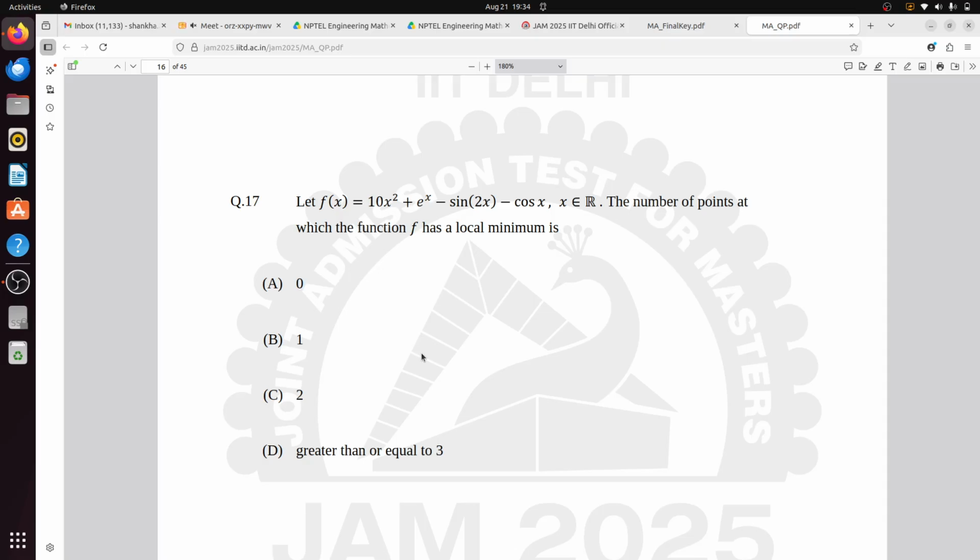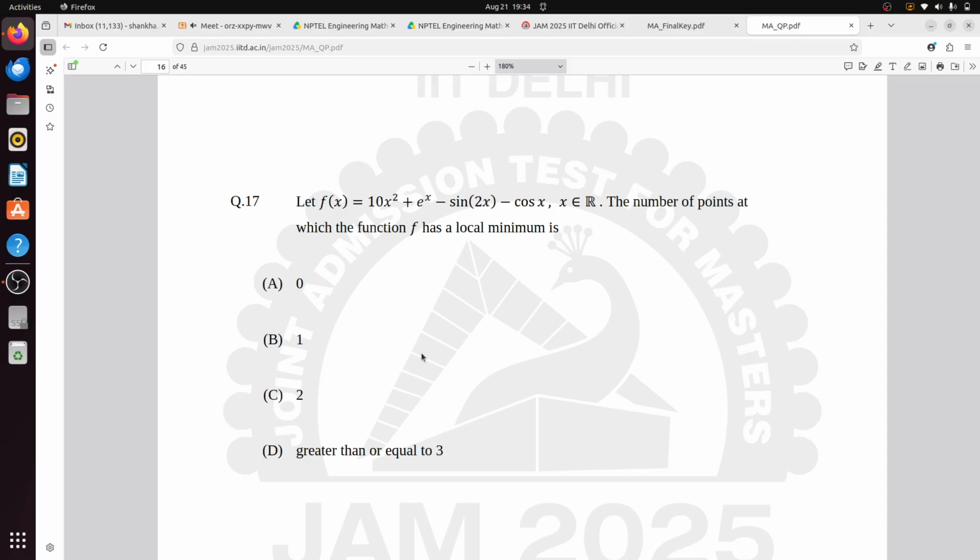See, the functions sin 2x and cos x. So sin 2x minus cos x will be a wavy function. So 10x² plus eˣ minus sin 2x minus cos x.